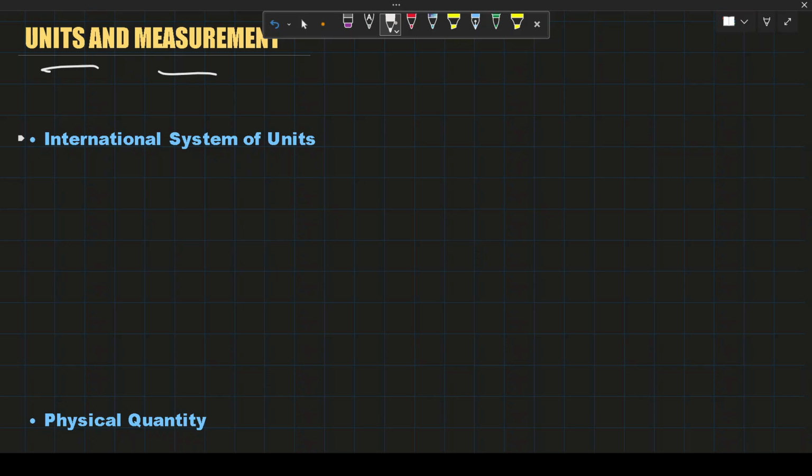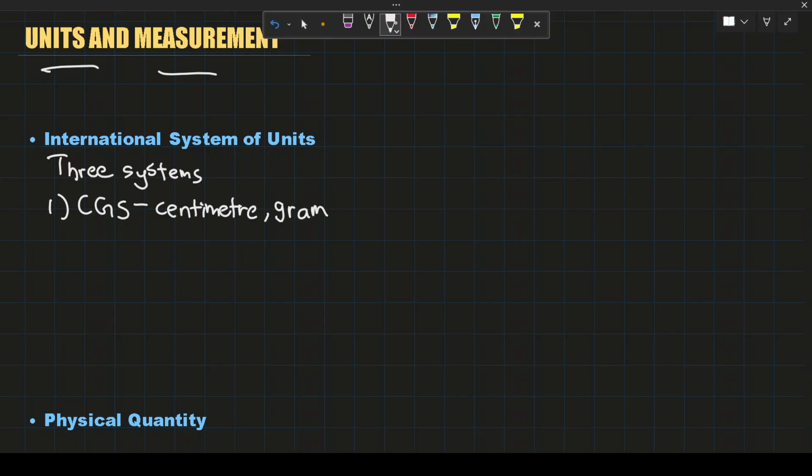Starting with the International System of Units, there are three systems given in NCERT. The first being your CGS system, which includes centimeter, gram, and second. The next system being your MKS system, which includes meter, kilogram, and second.